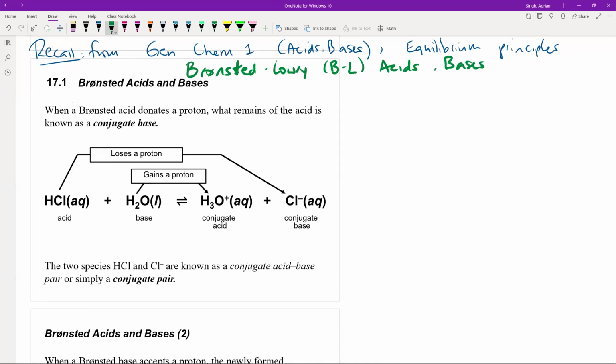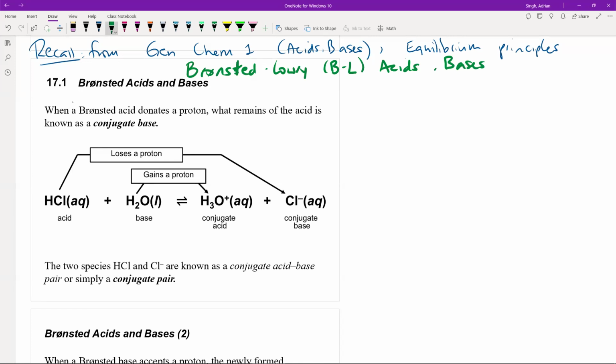And in this definition, you would have seen at least two different definitions already. You probably have heard about the Arrhenius definition. And we'll take a look at another definition at the end of this section. But for right now, when we look at the Bronsted-Lowry acids and bases, we look at defining each of them relative to the proton.